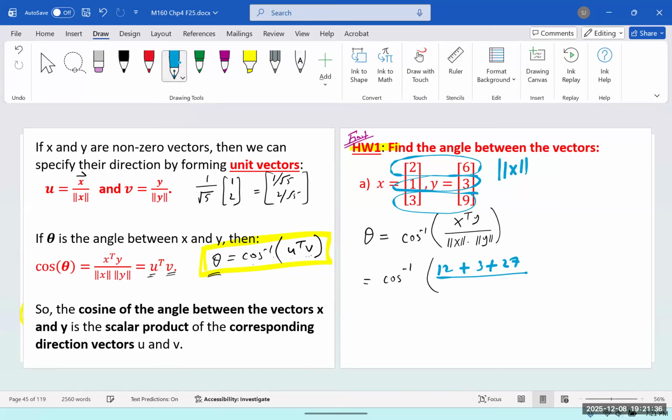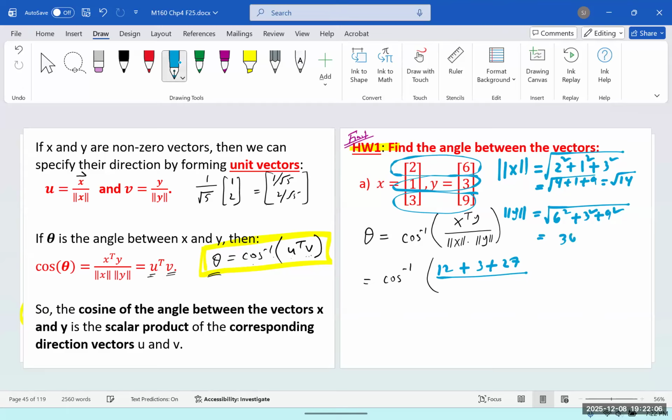The norm of x means the square root of 2 squared plus 1 squared plus 3 squared. The norm of y means the square root of 6 squared plus 3 squared plus 9 squared. So we get 4 plus 1 plus 9, which is square root of 14.